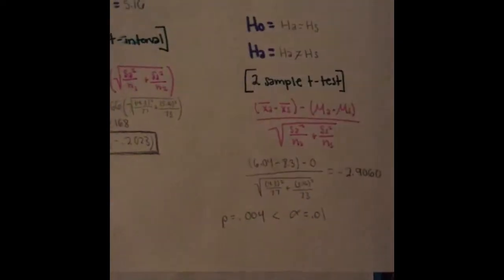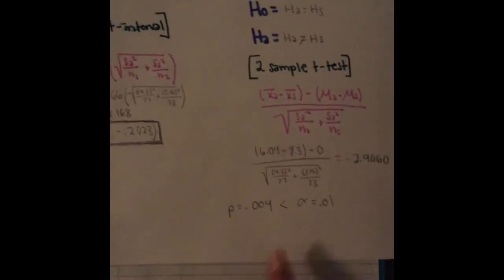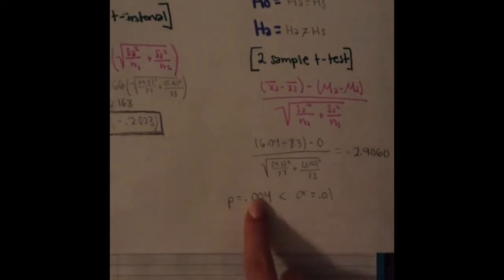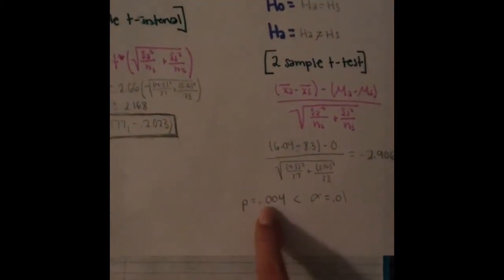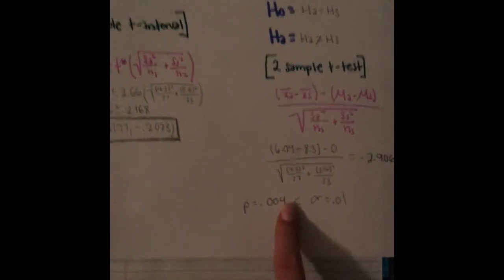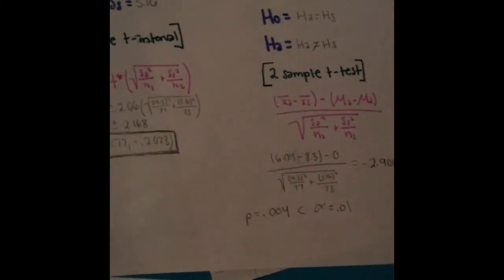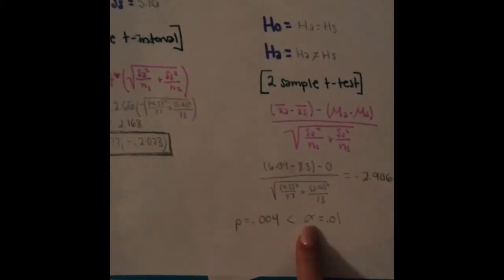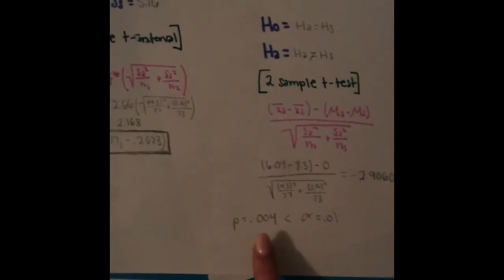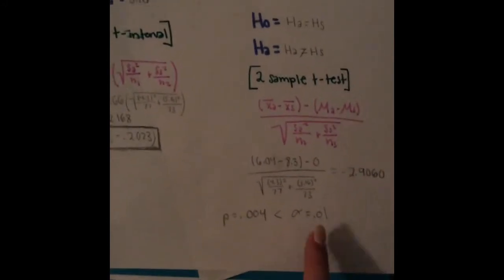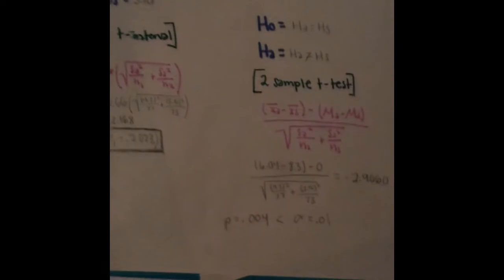O is you're actually going to name your alpha level. And we know the P score, so your P is 0.004. Now we have to compare, that's the last thing, M, to the alpha level. We're going to use an alpha level of 0.01, and 0.004 is less than 0.01.